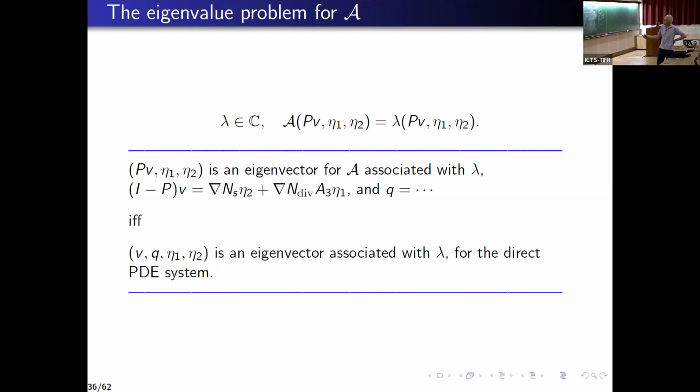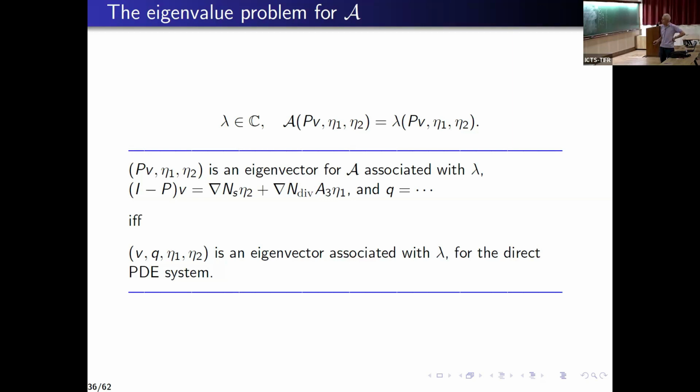If we have an eigenvector of this, and if we write I minus PV as it is written in the classical decomposition, and the corresponding pressure given by some complicated expression, but we can study it, then we have equivalence between this statement and the fact that VQ, eta 1, eta 2 is an eigenvector for lambda of the PDE system. So we have the link between the PDE formulation and the operator formulation.